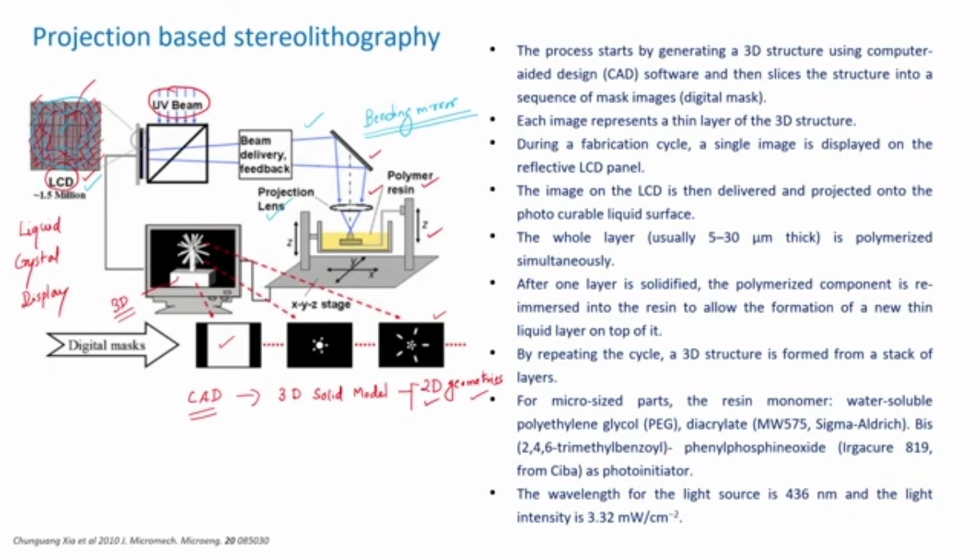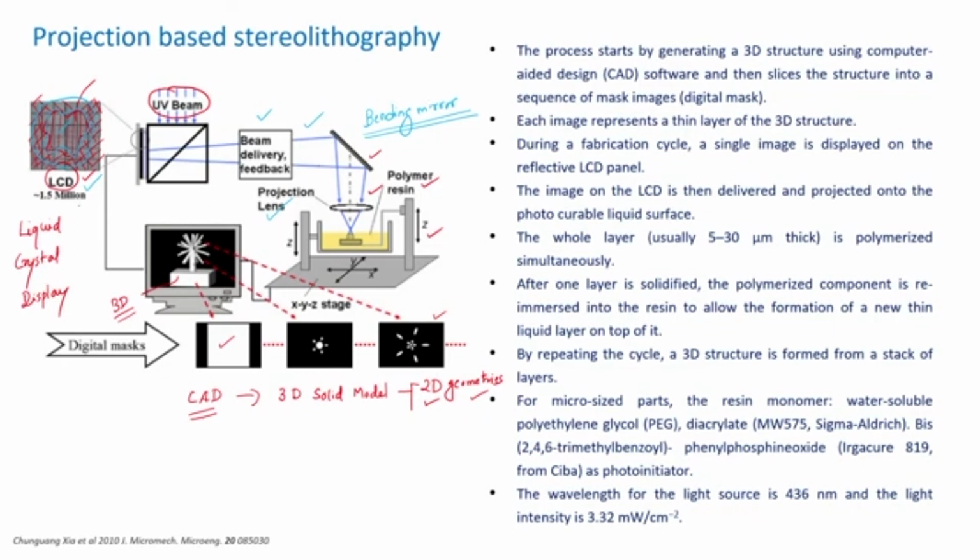The UV will be applied on the LCD, certain amount of energy will get absorbed, certain amount of energy will get transferred, or it will get reflected from the portion which is designated by the CAD system, by the computer, and through the beam delivery system it will be applied through the focusing mechanism on the liquid resin. So, in this way we are developing the 3D model by using this projection based stereolithography.